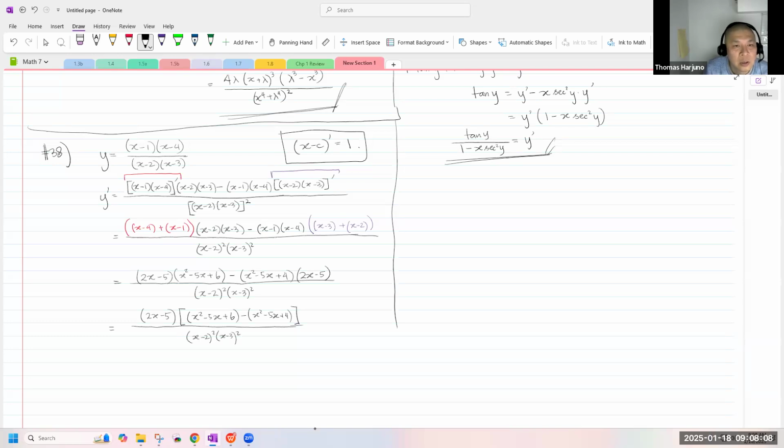But on this part here, they cancel, right? We have only 2 left. 6 minus 4. Really nice. So this is 2 times 2x minus 5 over x minus 2 squared, x minus 3 squared.